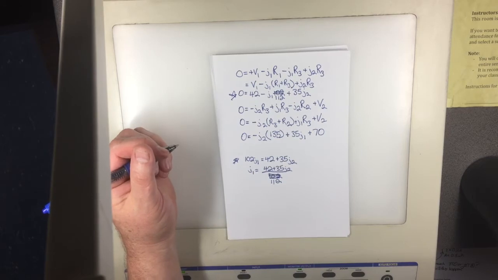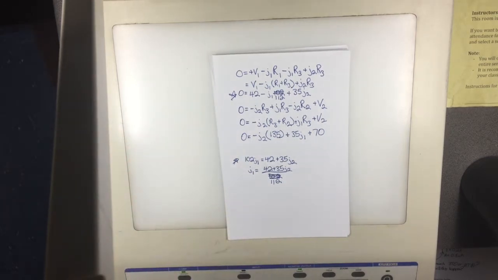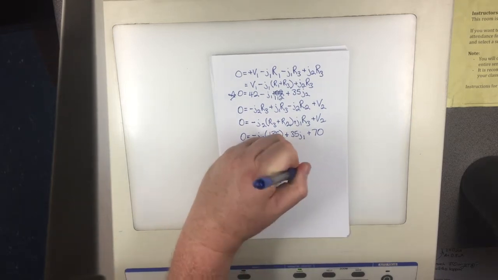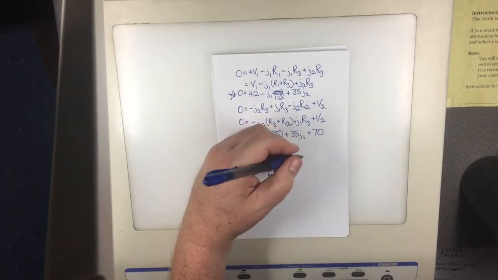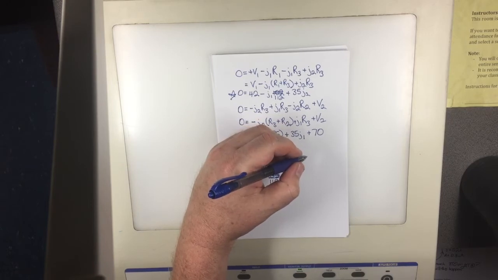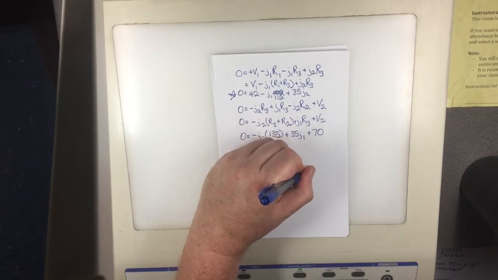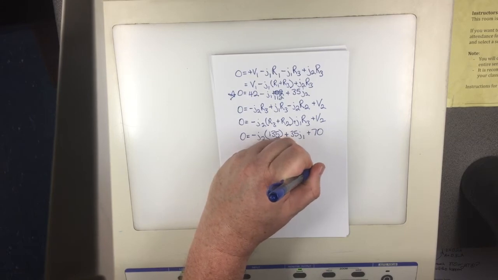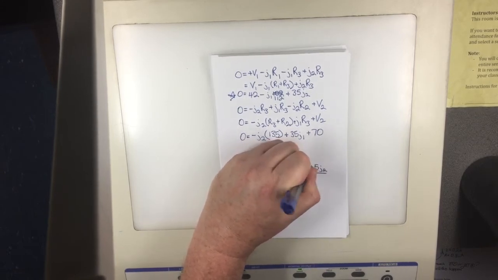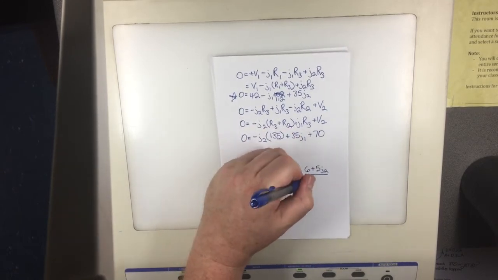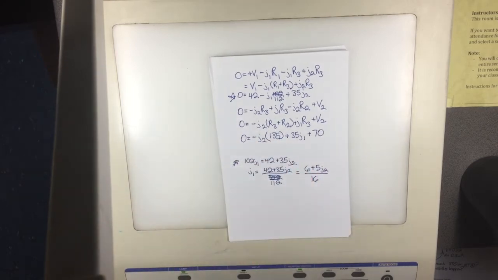So it's 112. And in fact, now, all right, that's why I was like, that's an odd thing because 112 is divisible by 7. So 42 divided by 7 is 6 plus 5J2 over 16. So that clears it up.